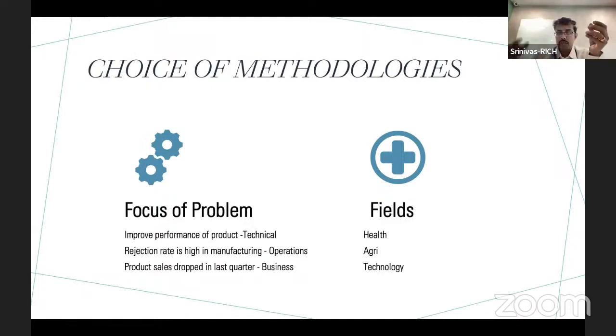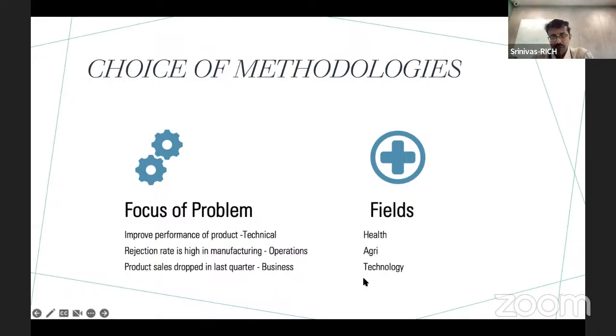It could be because there's a competing product, or all of a sudden the consumers are shifting away from this because there's a technology like a smartphone which can completely replace and obsolete your product. So there are business problems as well, and then you have business frameworks to address those business problems.